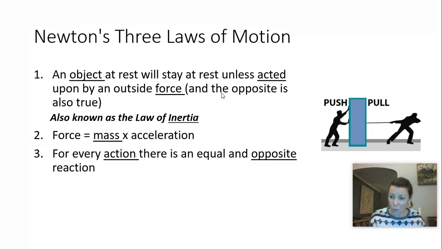It takes a lot more force to push a larger object than a smaller object. Acceleration, for our purposes, we're only going to learn the acceleration due to Earth's gravity. That's the only number that I will introduce to you next week for acceleration. And then the third law is that for every action, there is an equal and opposite reaction. All right, so those are Newton's 3 laws of motion.